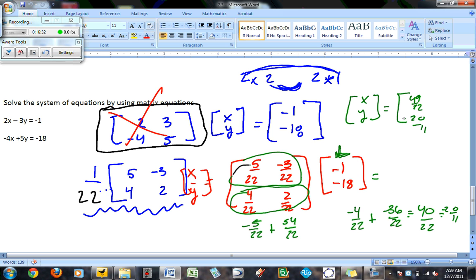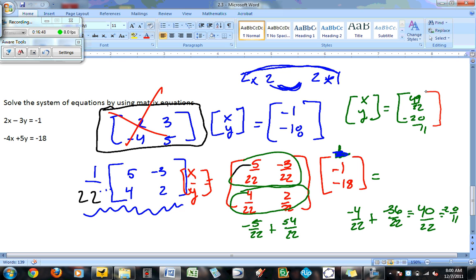Okay, so it seemed like a lot more work, and it seemed like your elimination or substitution might be easier, but I'd like you to learn this method too, to get you more familiar with matrix multiplication. And what I ended up here with is x equals 49 over 22, y equals -20 over 11. All right, I hope I didn't miss a sign anywhere in there.